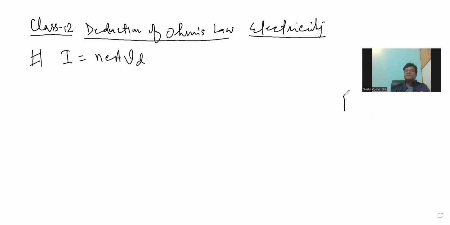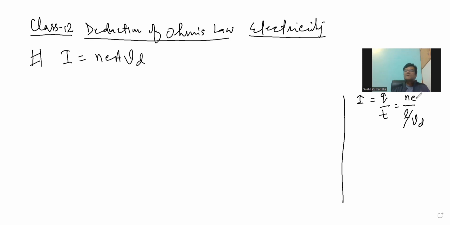From where we do this, we can see that we define I as charge per unit time. Charge can be ne and time can be distance. The distance is the length of the conductor, and this speed can be Vd. Vd is drift velocity.